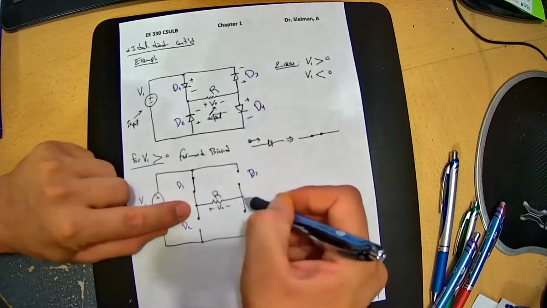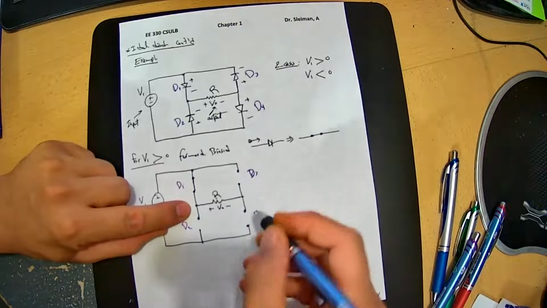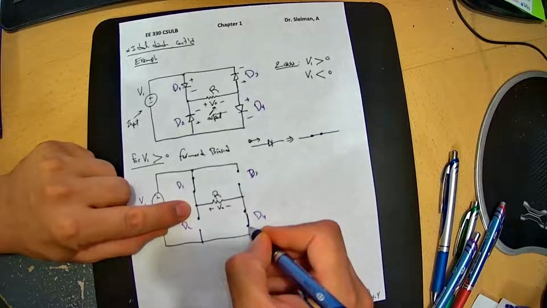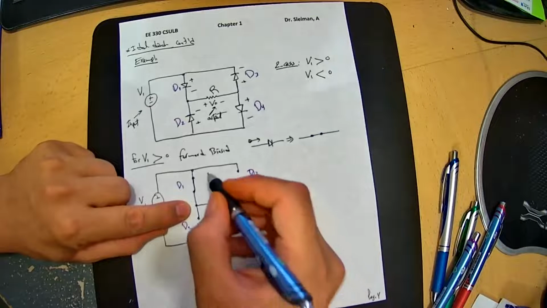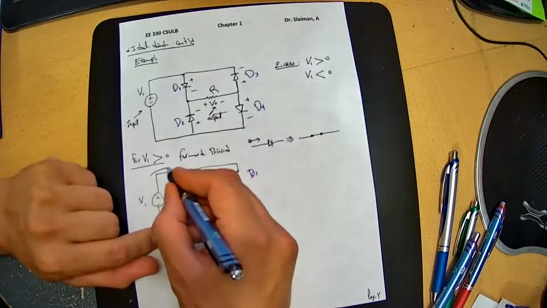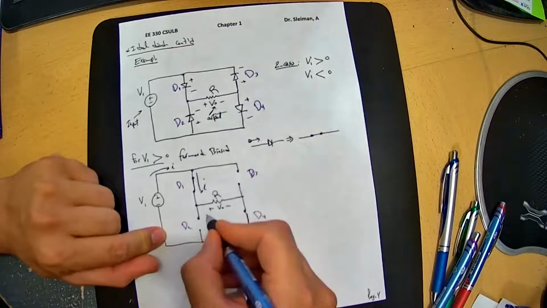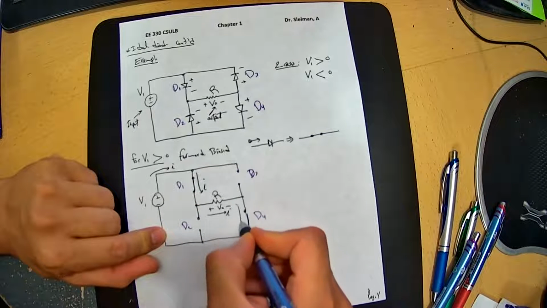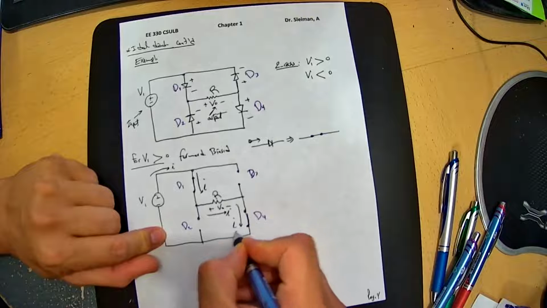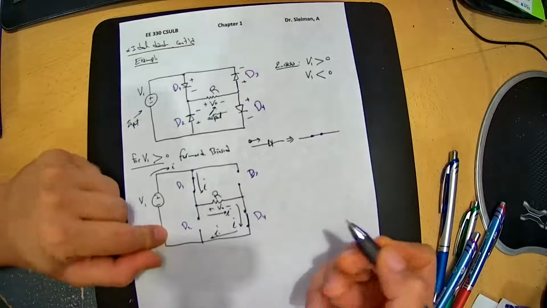So the current will pass through here. D4 will be short-circuited. So my current will start here, continue here, here, and then here. So this is the path.